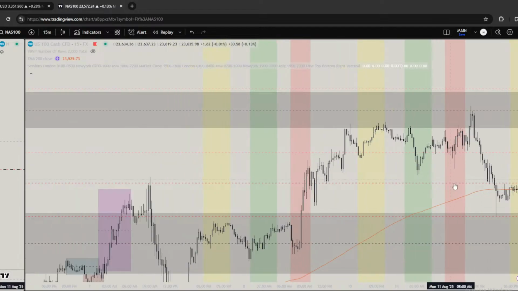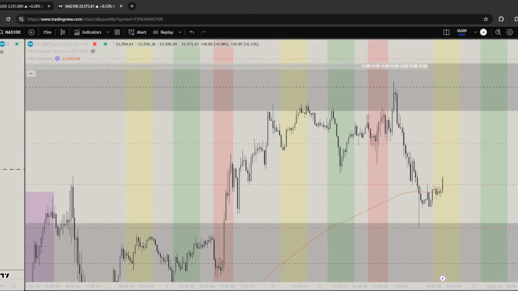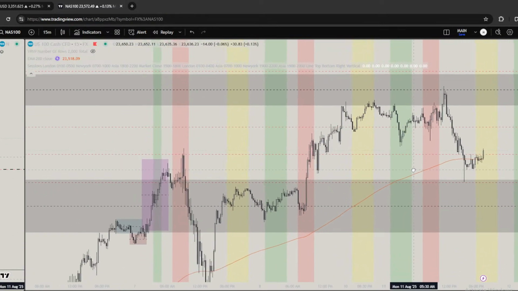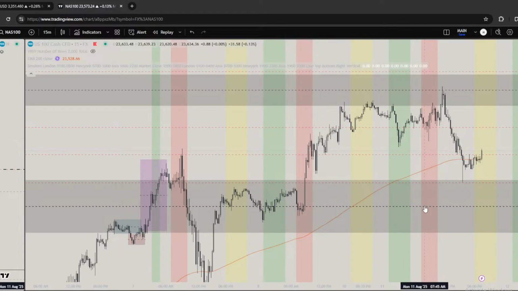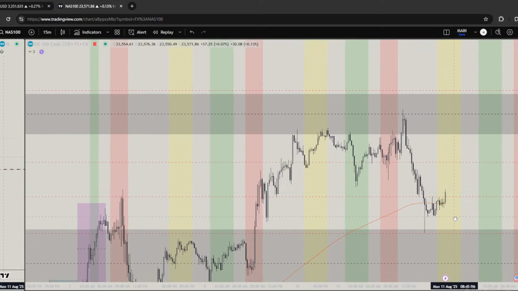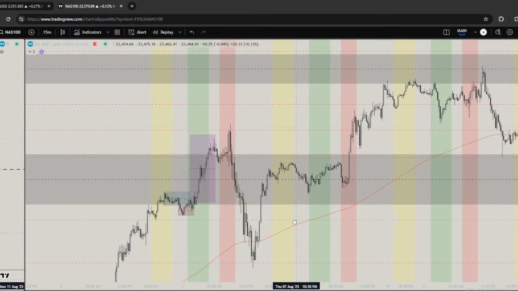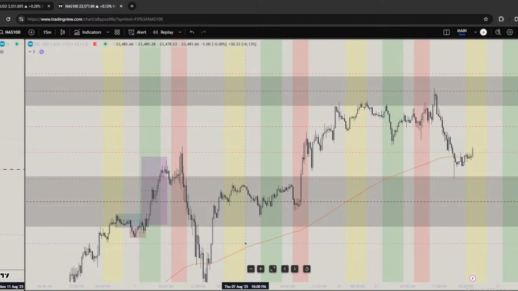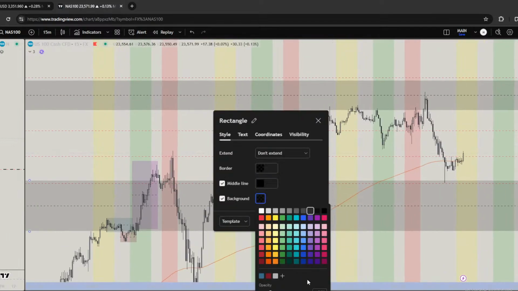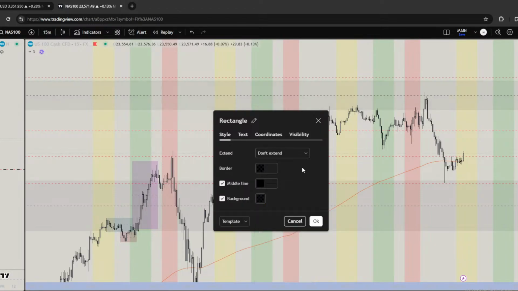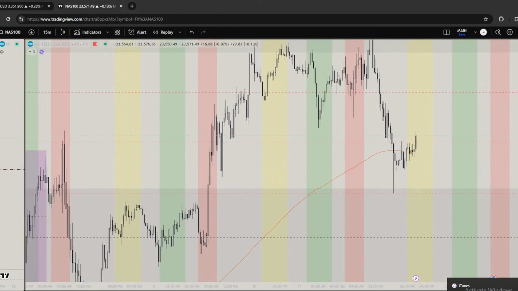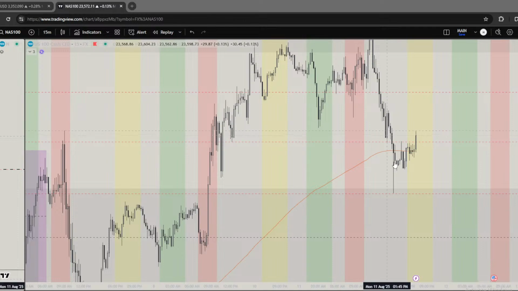Yeah, that was the volume profile. Alright, I'm just trying to see what I see.